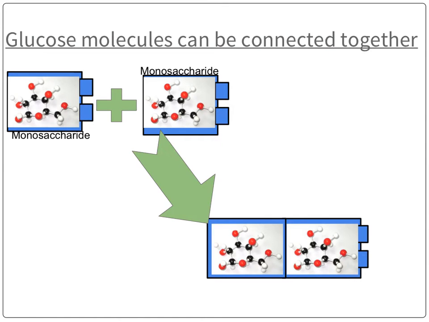So monosaccharides, whether it's glucose or fructose, will combine much like these two Legos. They will stick together and you will have this structure. They are no longer called monosaccharides. Since they're stuck to each other, they are now going to be called disaccharides.